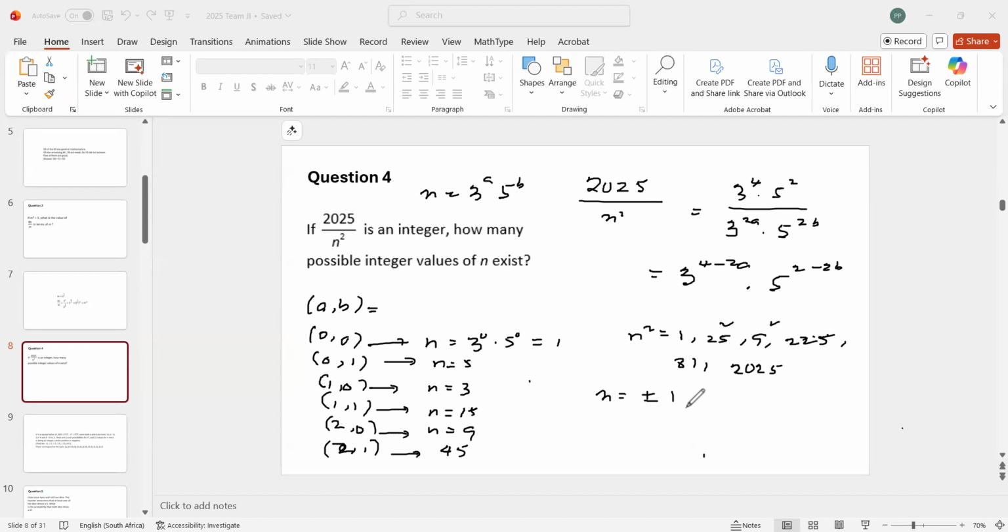It's plus or minus 1, plus or minus 5, plus or minus 3, plus or minus 15, plus or minus 9. See, these we didn't guess. So when you do the mathematics, it gives you all the possible values for n. So there are 12. They ask how many integer values there are, because 6 times 2 is 12. So the answer is 12.